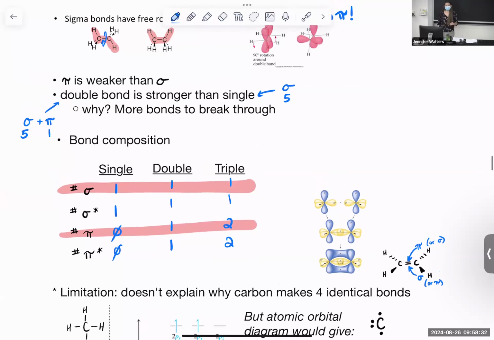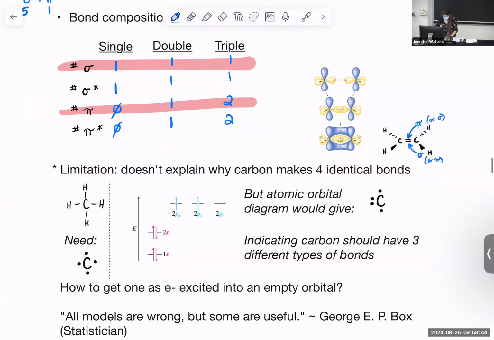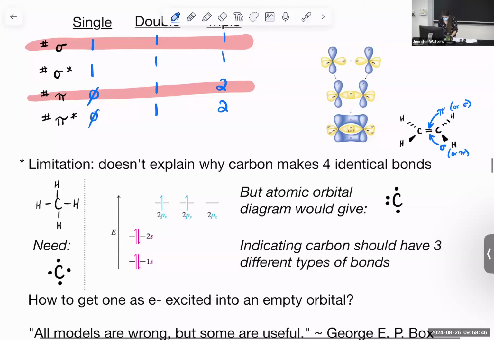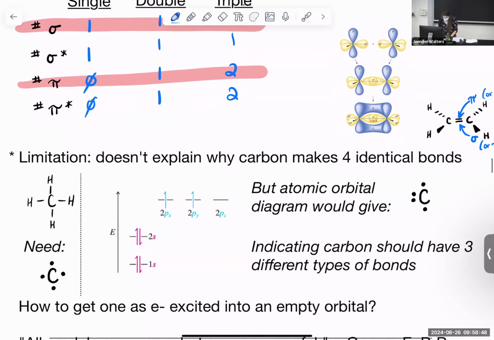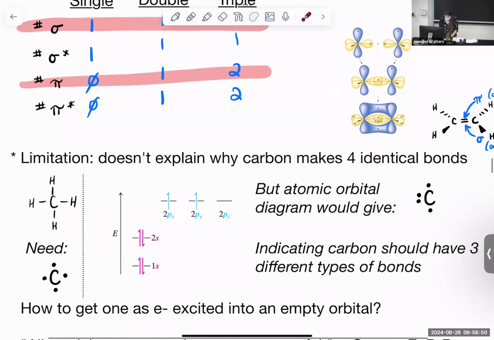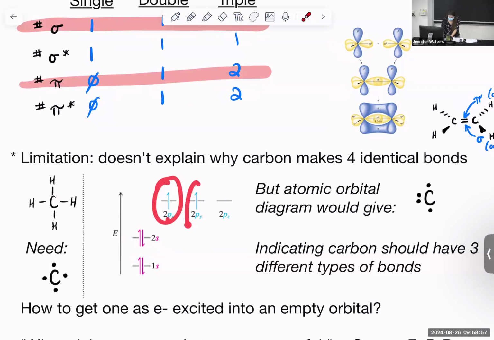So all of this is well and good, but this doesn't explain why carbon makes 4 identical bonds. This theoretically is going to give us actually very different bonds. When we think about our atomic diagram, I have 2 electrons in my 2s, and then 1 electron in my 2p, another electron in a different 2p, and then an empty 2pz.